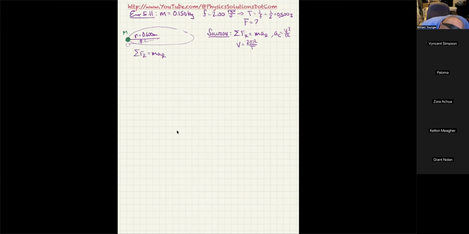I'm going to draw a coordinate system where this is, let's call it, the radial direction. In other words, I'm pretending it's like an x-axis, but it's an x-axis that happens to be moving at each specific instant. What we're looking at is a snapshot of it at that point in time, and it's technically in the radial direction.